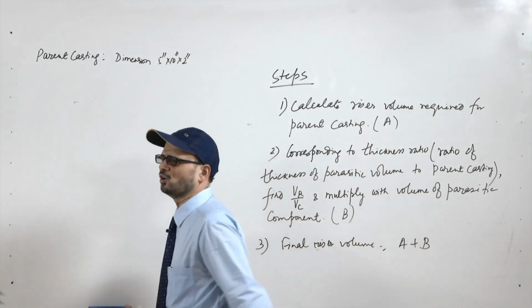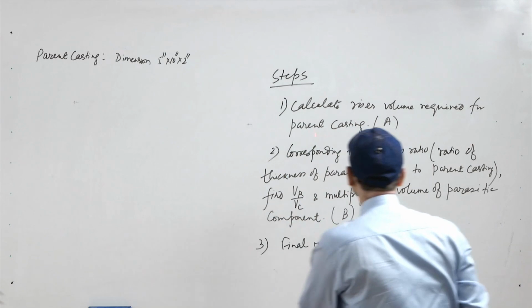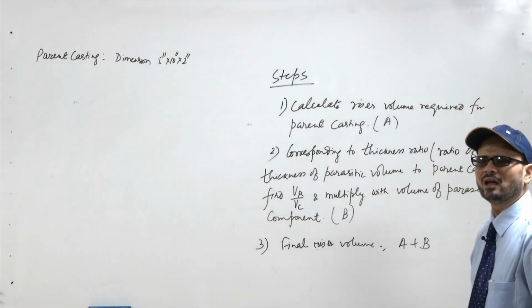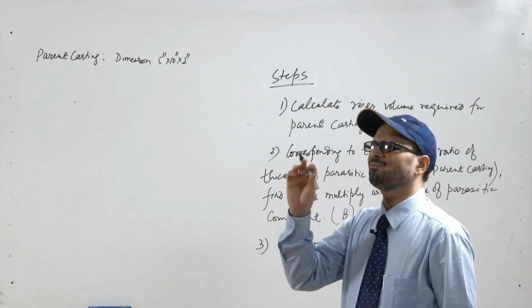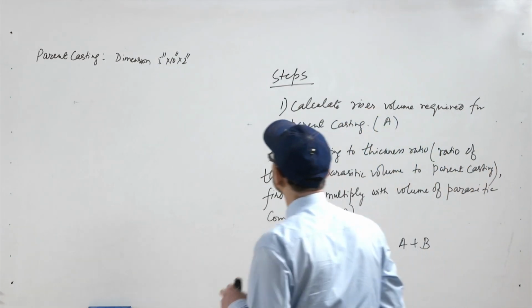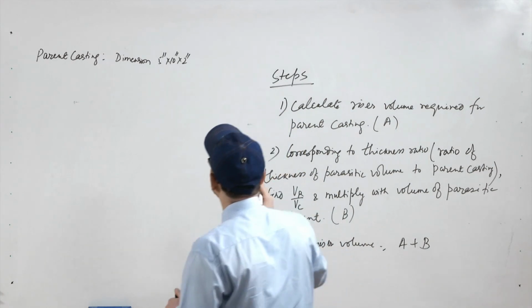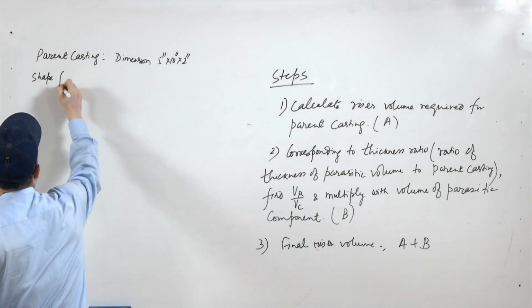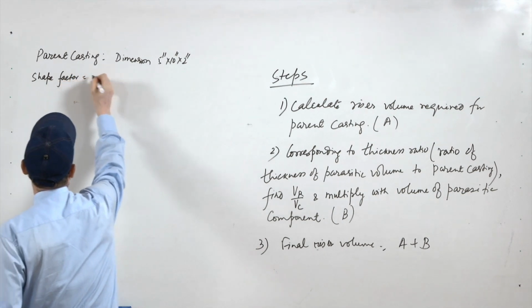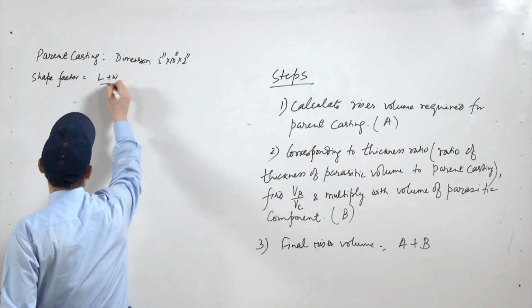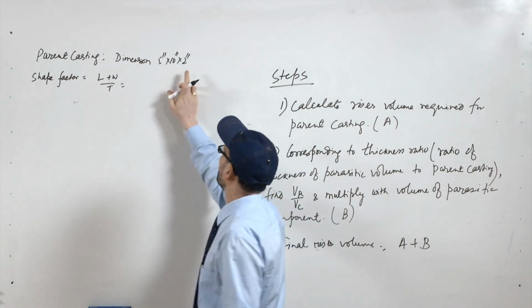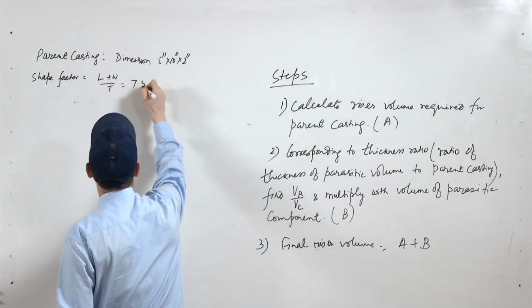We first have to find the riser volume required for the parent casting, so we will use the shape factor method. We need to find the shape factor for this parent casting. Shape factor will be (L plus W) by T. L plus W is 15, upon 2, so that is 7.5.